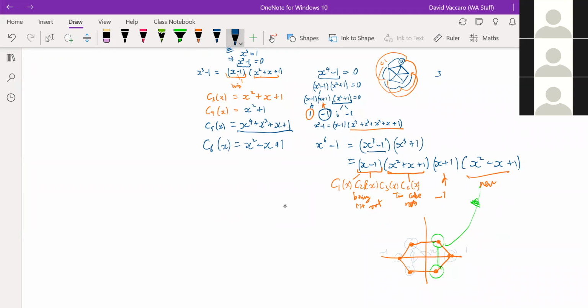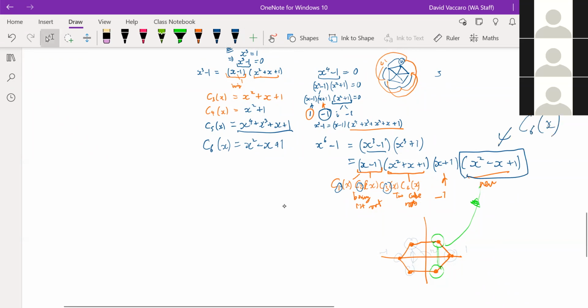And that's because the 6th roots of unity correspond to primitive roots of the factors of 6. So the factors of 6 are 1, 2, 3, and 6. The new polynomial that we've never seen before is going to be C6 of x.